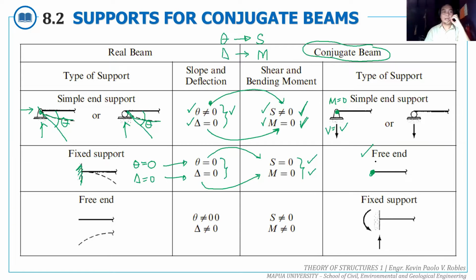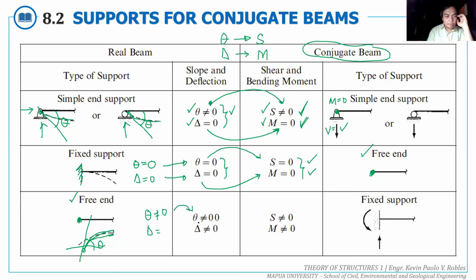Okay, the third example. What about when your real beam is a free end? Okay, free end, this is the point. Diba? What do we need to know for the real beam? The slope and the deflection. What is the slope at the free end? Diba when it deflects, this is the elastic curve for a free end, so it sags, no? So when I draw a tangent line at that point, with respect to the horizontal, we have theta. It is not equal to 0. So theta is not equal to 0.